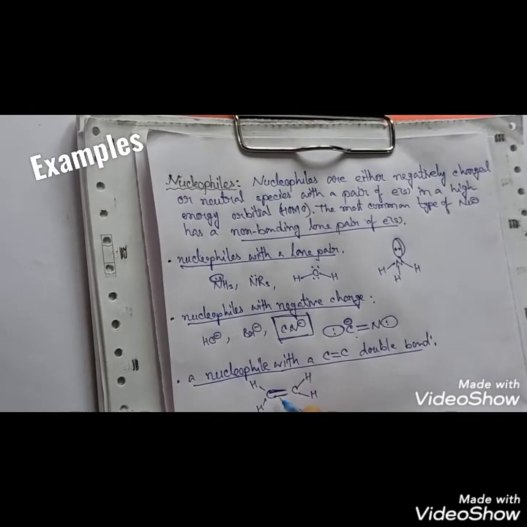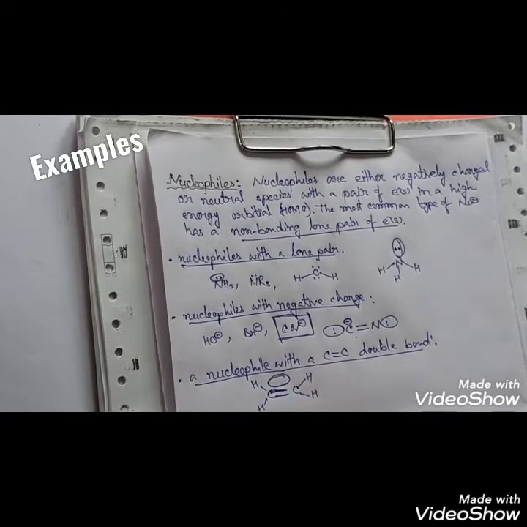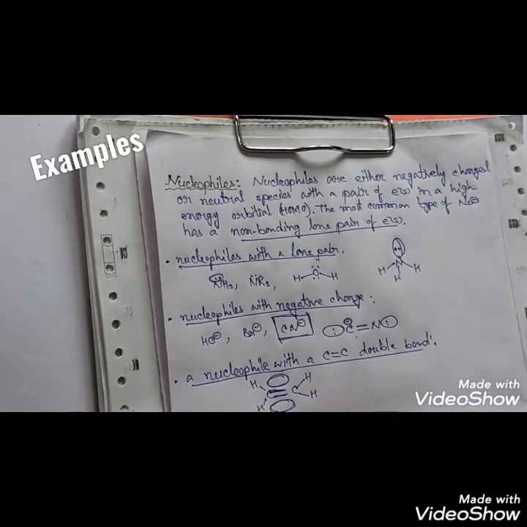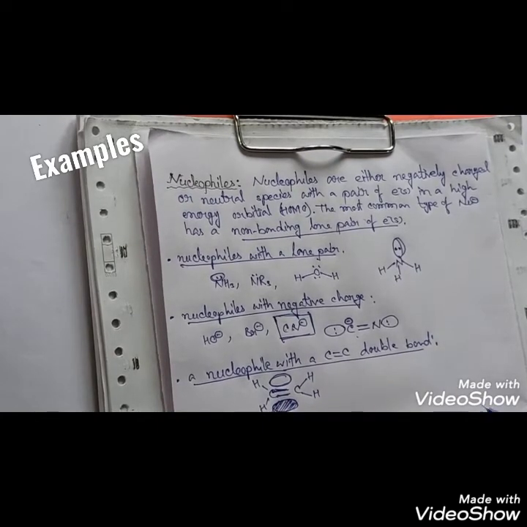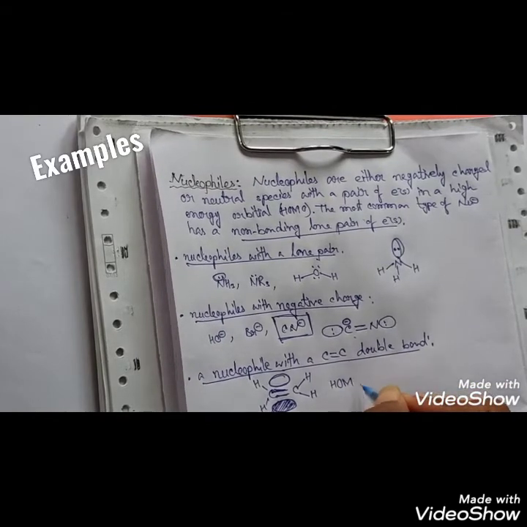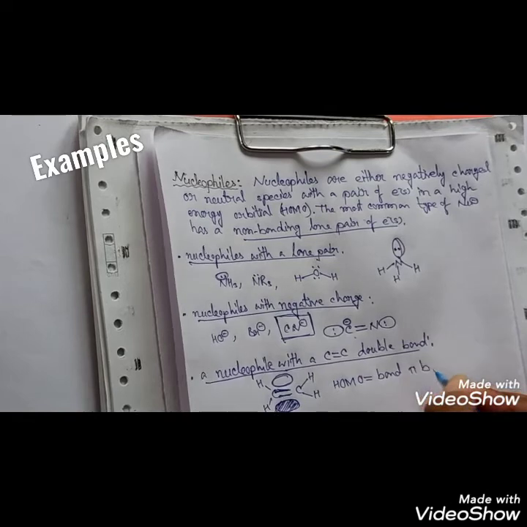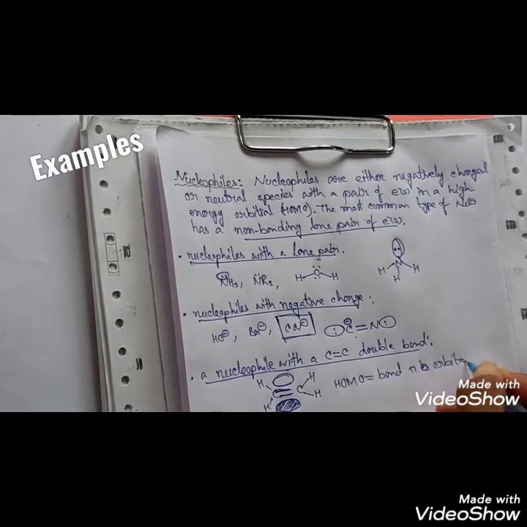A sigma bond and a pi bond. This is an electron cloud. So we can write HOMO as a bonding pi orbital, okay.